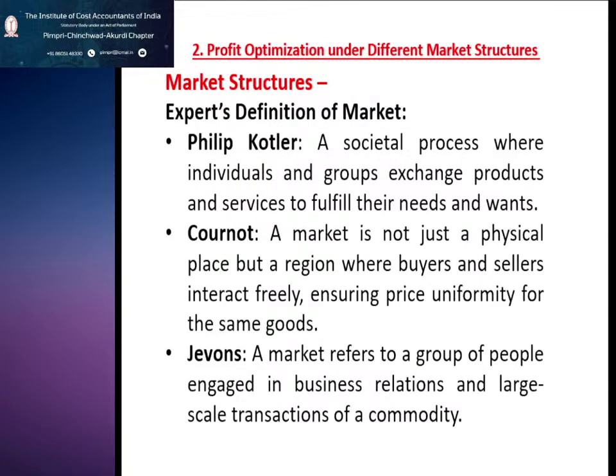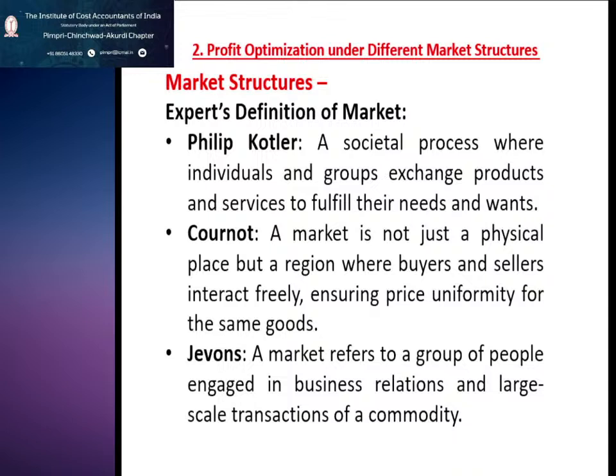So the experts' definitions of market, let's understand. Philip Kotler, one of the management gurus, has defined market as a societal process where individuals and groups exchange products and services to fulfill their needs and wants. Cournot, another expert, defined market as not just a physical place but a region where buyers and sellers interact freely, ensuring price uniformity for the same goods.